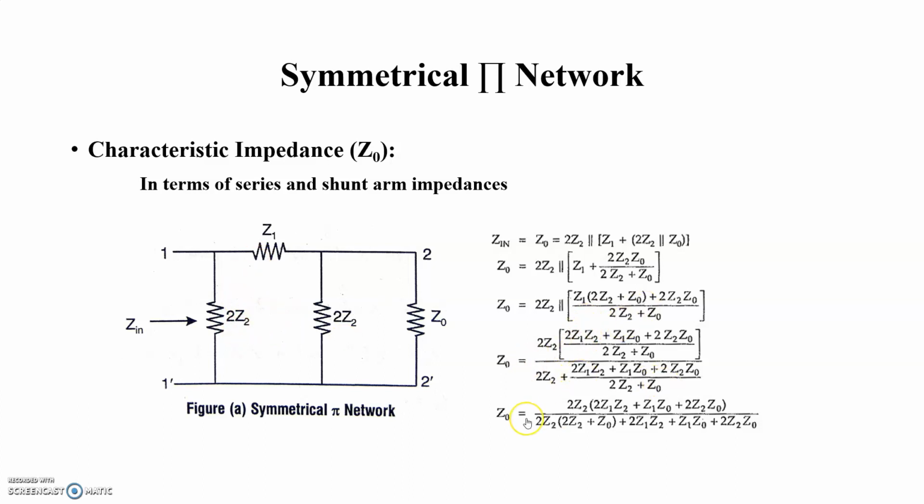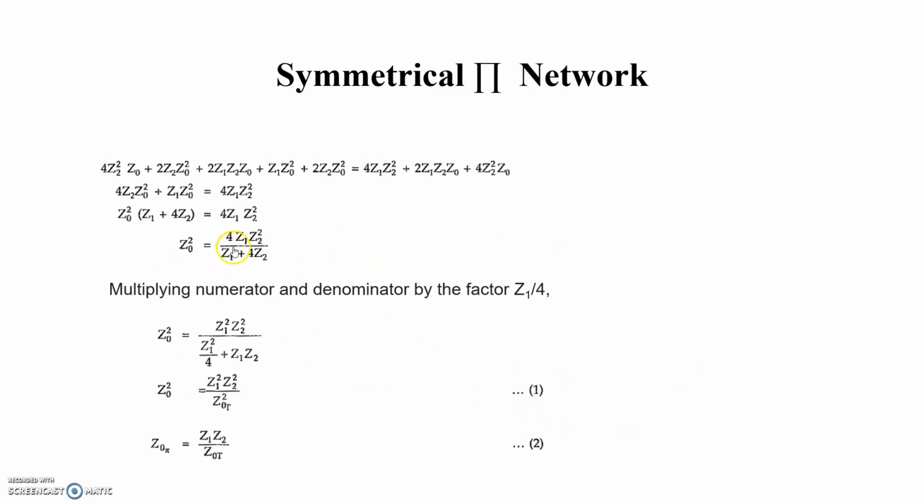Expand this and find Z0 square equal to 4 Z1 Z2 square by Z1 plus 4 Z2. Multiplying numerator and denominator by the factor Z1 by 4, we obtain the relationship between Z0 pi and Z0 T, represented by this equation 2.